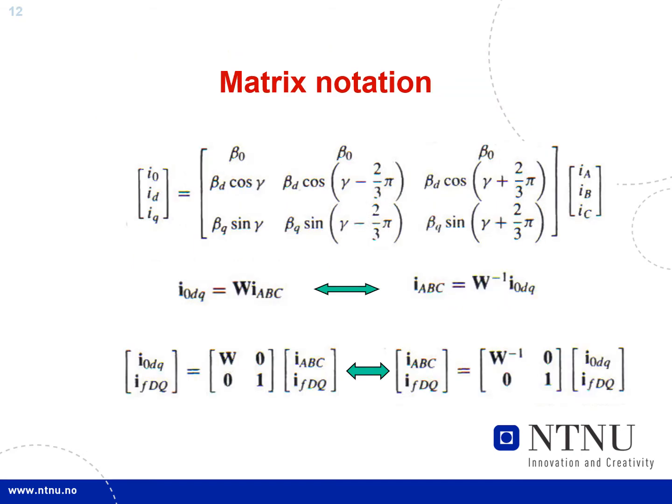So we represent the Park transformation as the matrix W, and it is used to transform from stator quantities to 0dq quantities. So the complete transformation involves the stator to rotor to the dq axis only, like shown here.